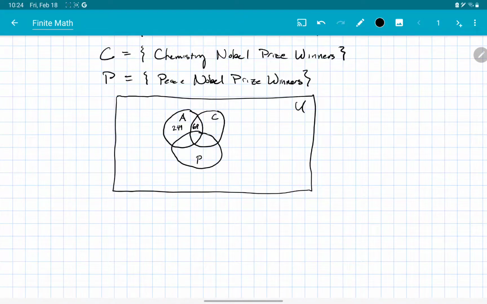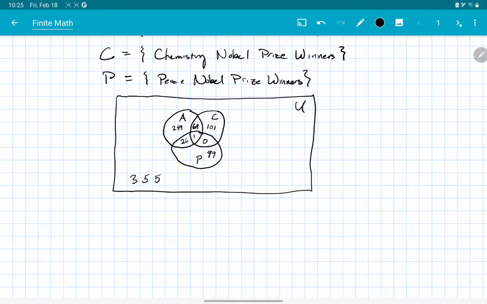This sector has 69. This sector has 101. This one down here will have 26. This has 1. This has 0. And this has 355. And this part here has 99. Okay, so that's the different numbers that are in each sector.